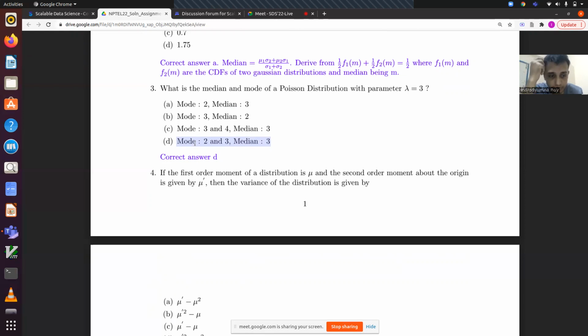For x equals 1, you will get 3 e to the power minus 3. For x equals 2, you will get lambda squared, 3 squared is 9, into e to the power minus 3, upon 2 factorial.